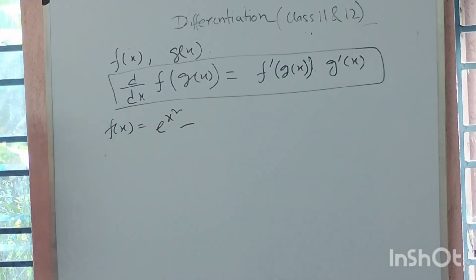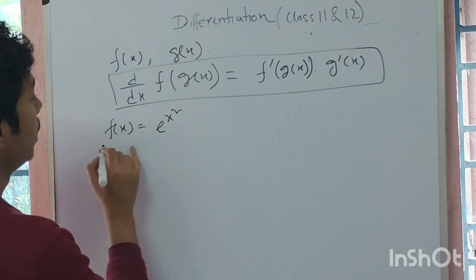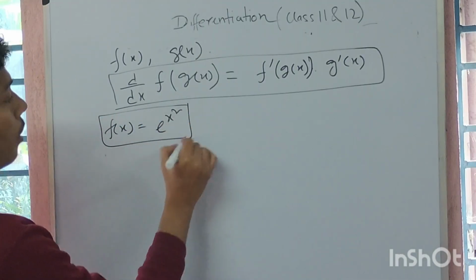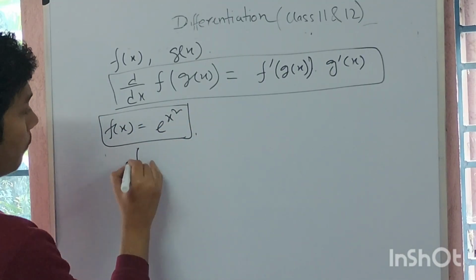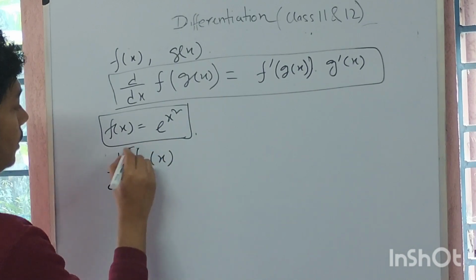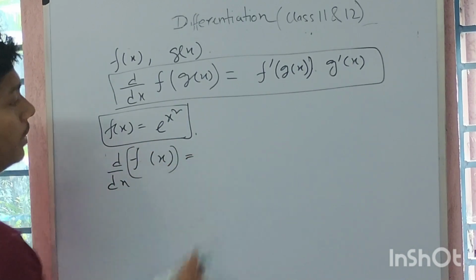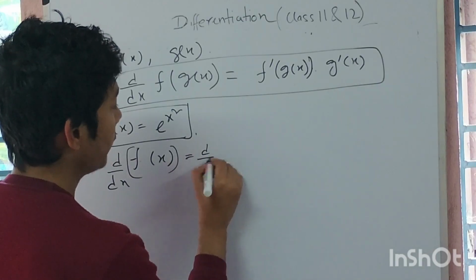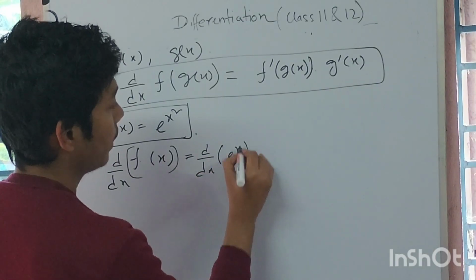Okay, this is my function. I have to differentiate this thing. How will you do it? Then f dash x is d by dx of f(x). You can write it like this also: d by dx of e to the power x square.